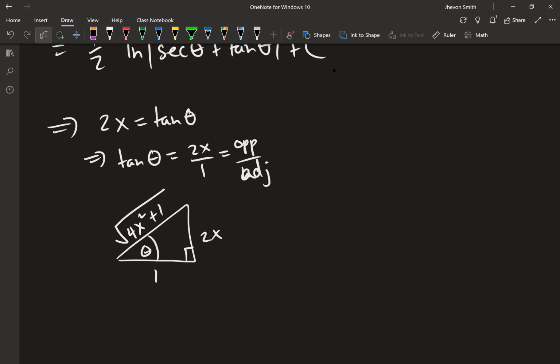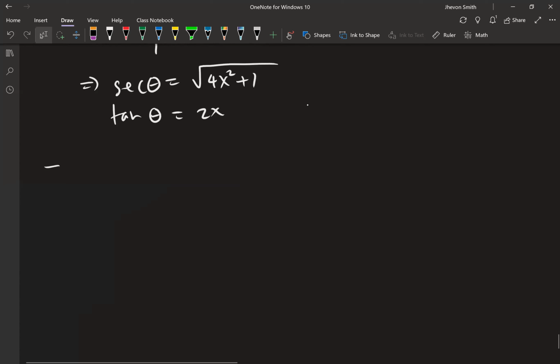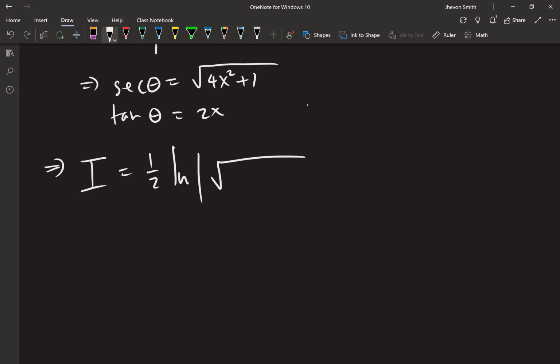So you have that, which means I can talk about what the secant is. The secant is going to be hypotenuse over adjacent. And we already know that the tangent of theta is going to be 2x. And so I is equal to 1/2 ln of the square root of 4x squared plus 1, plus 2x.